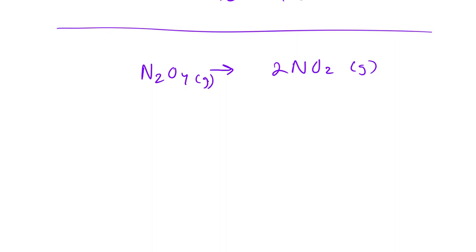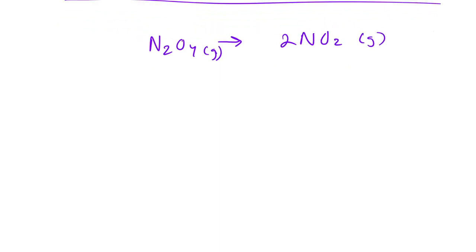This one you don't have a slide for. Let's say you have a reaction of 2N2O4, dinitrogen tetraoxide, forming 2NO2. What's delta H for this reaction?